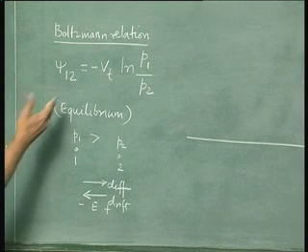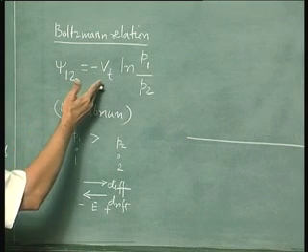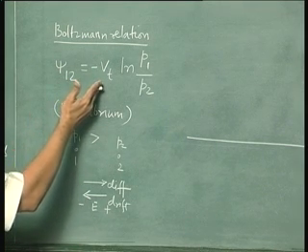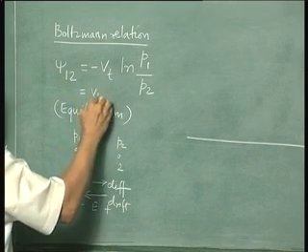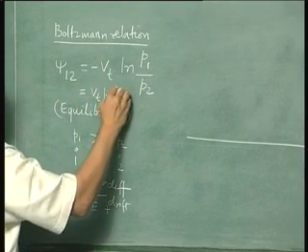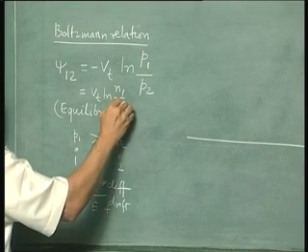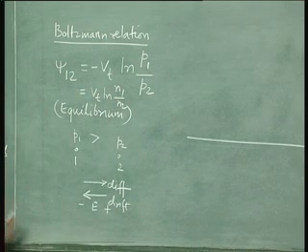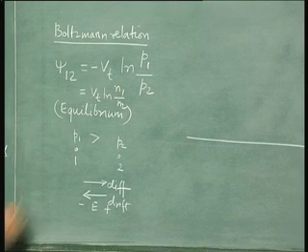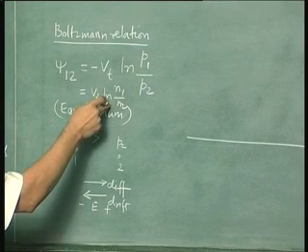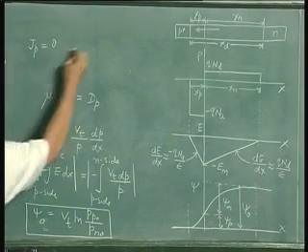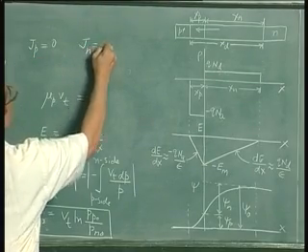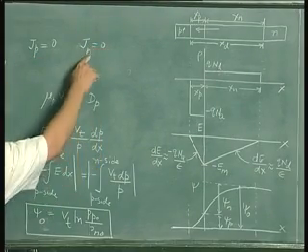Now one can similarly write the Boltzmann relation for electrons. For electrons, the relation would be psi 1,2 is equal to Vt ln n1 upon n2. Here there will not be a negative sign. This Boltzmann relation is obtained by considering the equation Jn equal to 0 instead of Jp equal to 0.